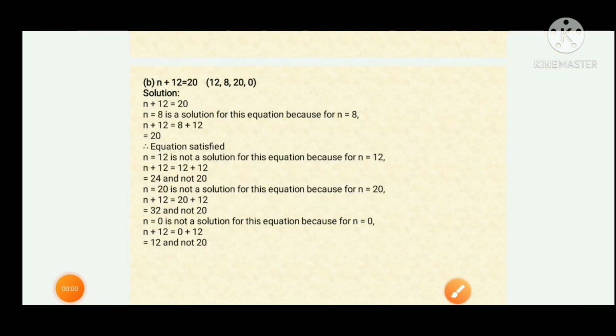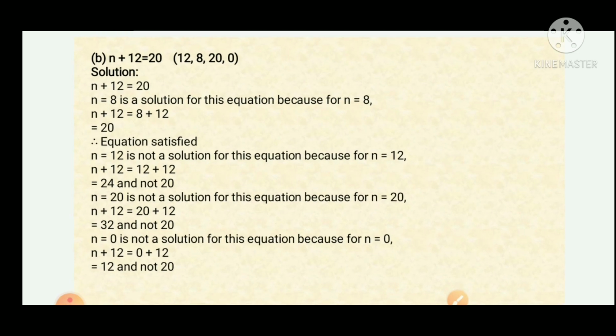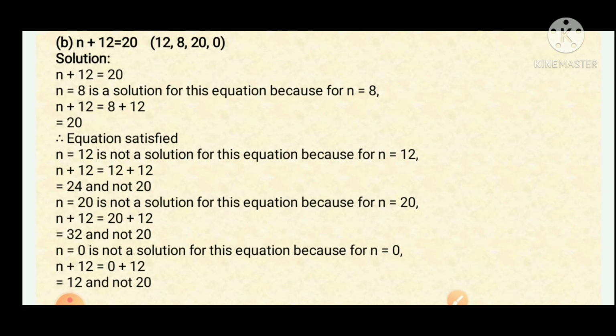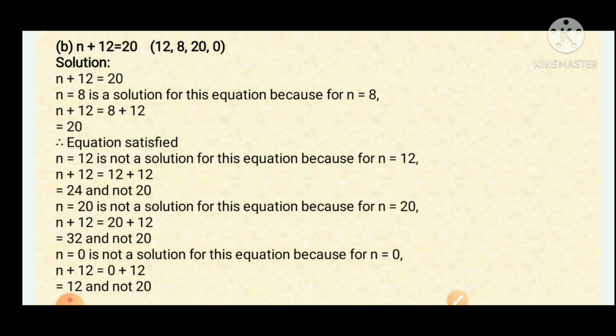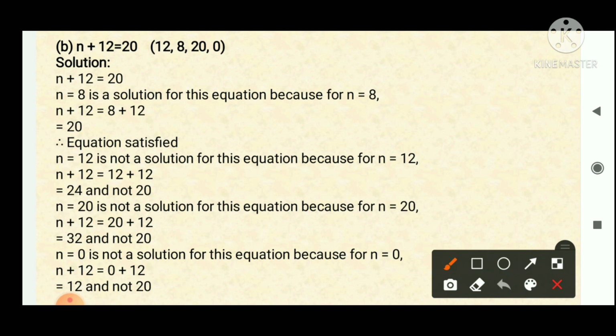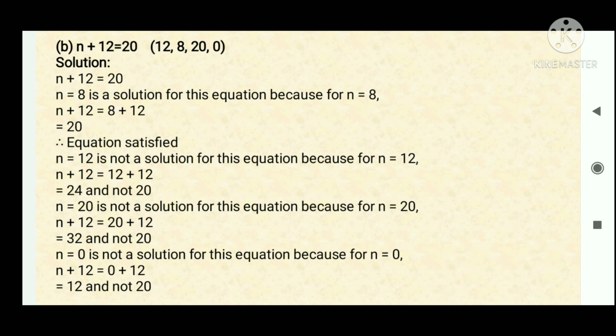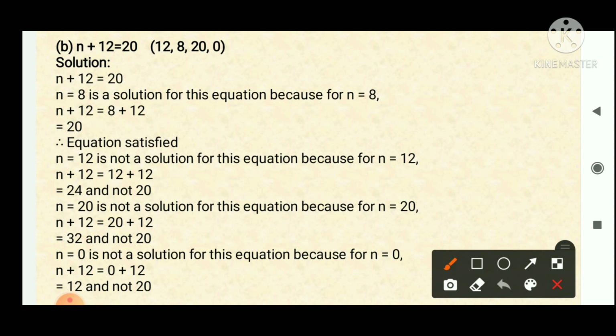Now, next equation, n plus 12 is equal to 20. So here we have to check by taking the values of the variable n as 12, 8, 20 and 0. So here, by using the value of variable n, we will check it.